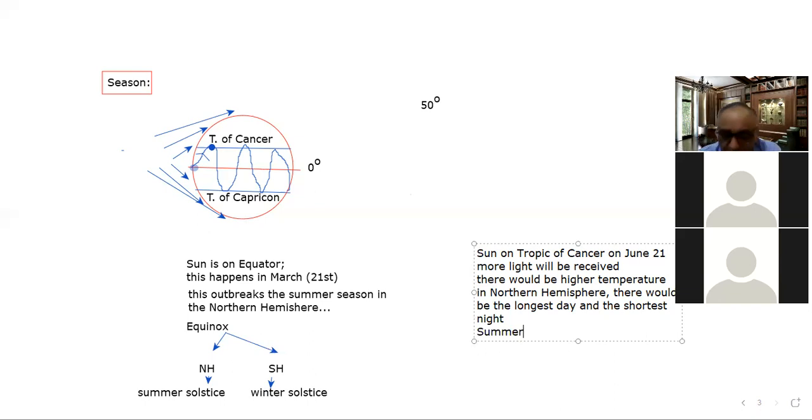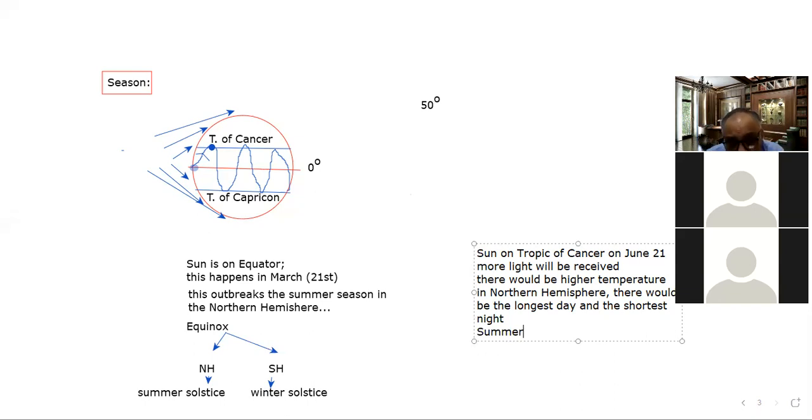There would be the lowest temperature, because the sun is not going there. In the northern hemisphere there would be the longest day and the shortest night, but in the southern hemisphere there would be the shortest day and the longest night.